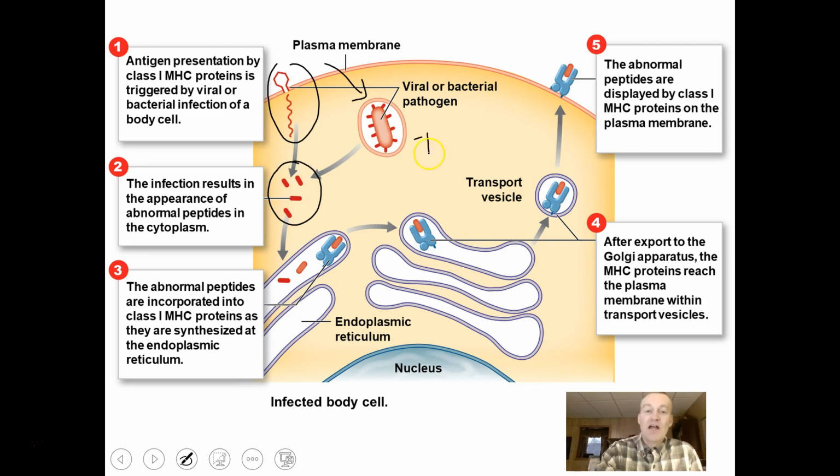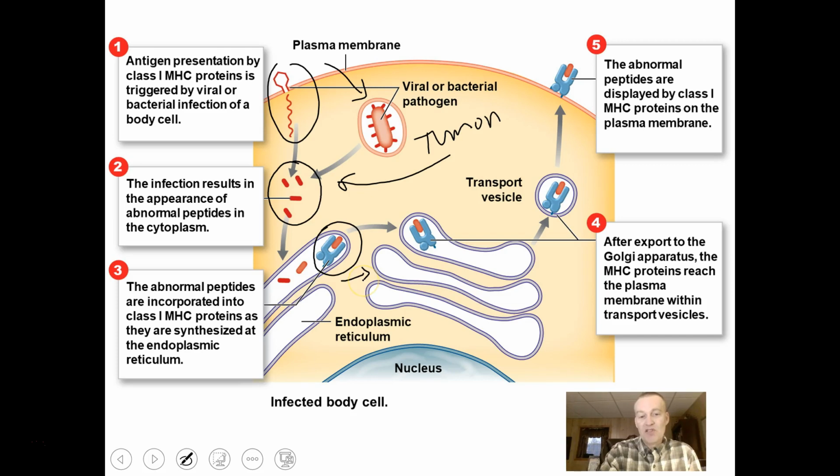If you have a tumor cell, then the tumor will actually produce proteins that will be abnormal. So these abnormal peptides, they will be incorporated into an MHC1, the major histocompatibility complex 1 protein, as they're being made in the endoplasmic reticulum.